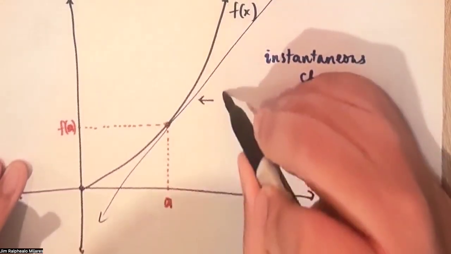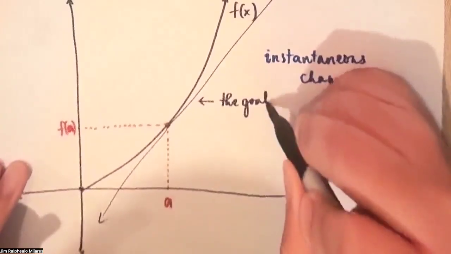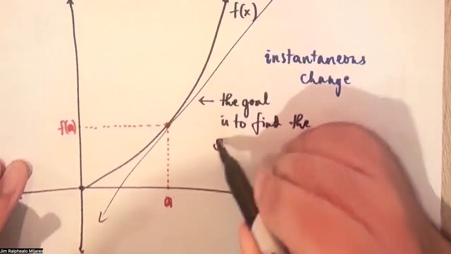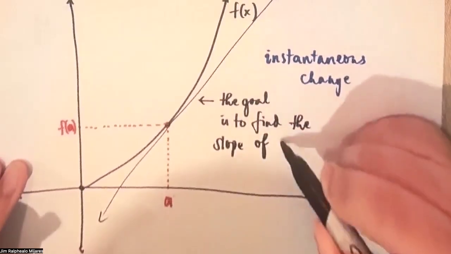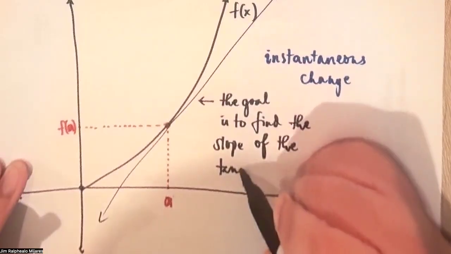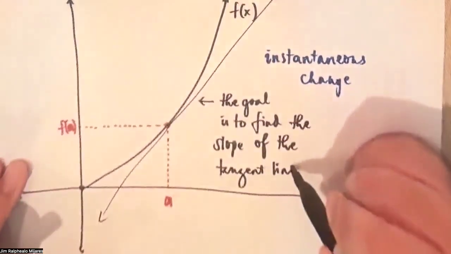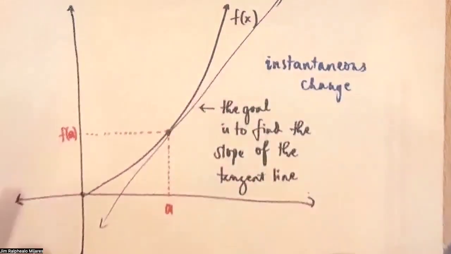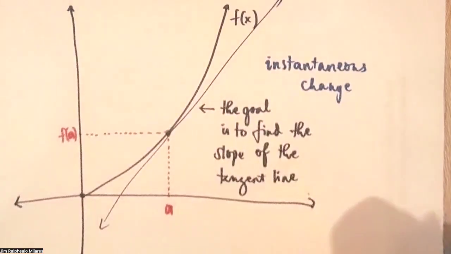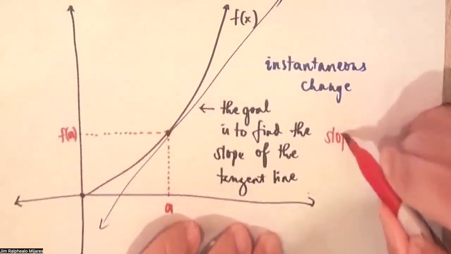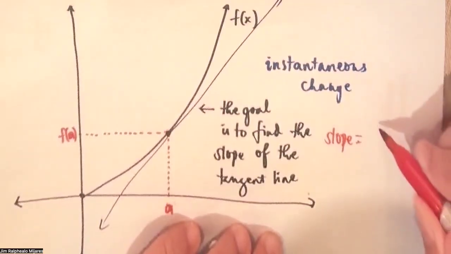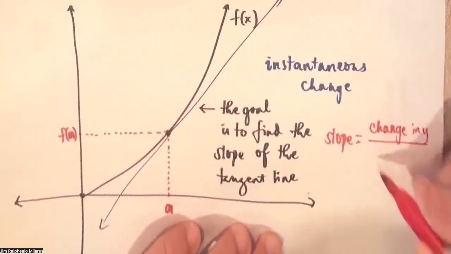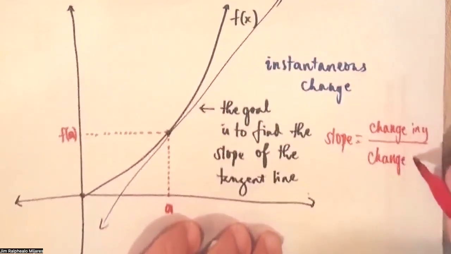The goal is to find the slope of the tangent line in this example, right? Because slopes, if you recall, the way we get slope is change in y over change in x.